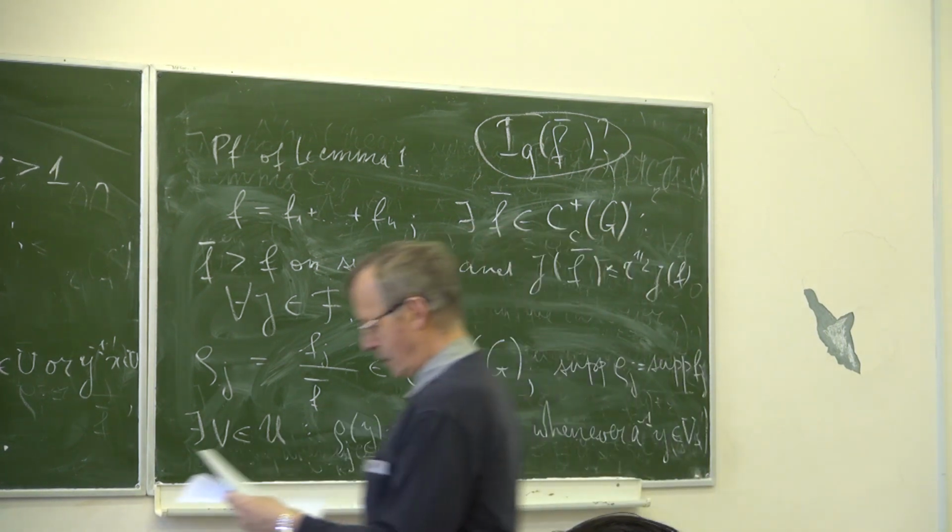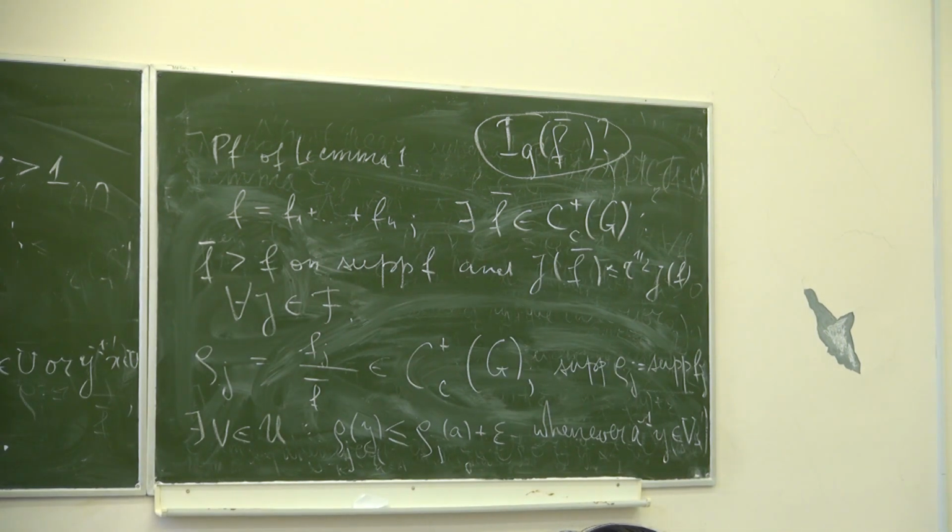I want to show that it is not very large. Okay, probably let me erase this lemma. It has already been proved, yes? So let me erase it. How to calculate it? By definition, we should consider such an inequality.